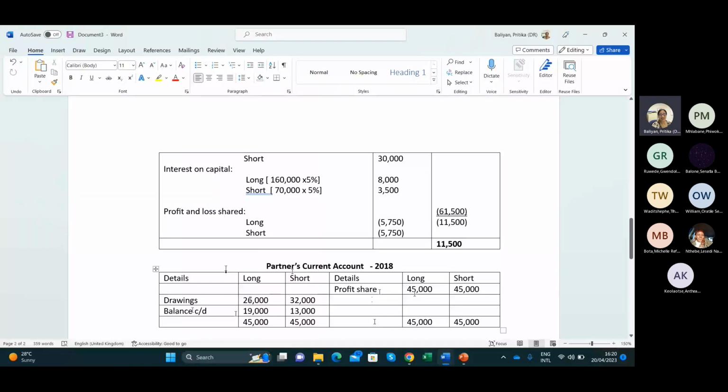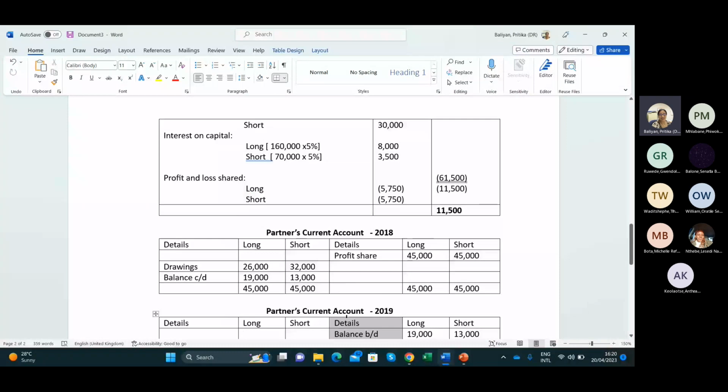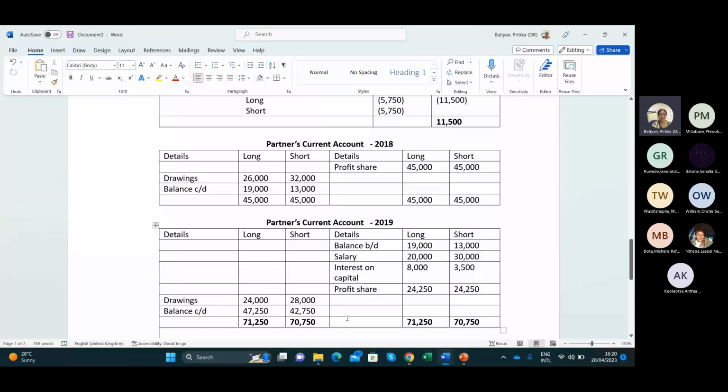So the closing balance is 19,000 and 13,000. Then you will prepare the partners' current account for 2019.